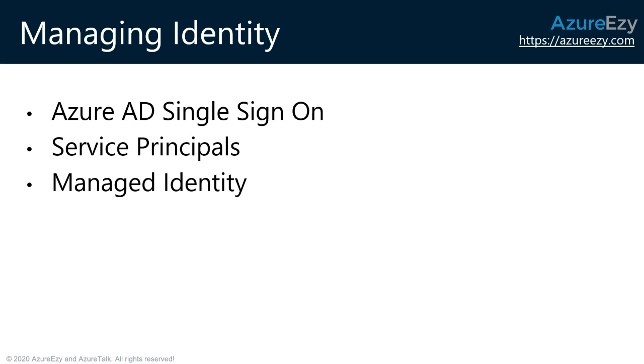So after 2 years, you might end up with like 100 service principals which are just sitting in your Active Directory, but they are not being used because all those resources for which they were created have been deleted. Now, these 100 service principals are a security threat because they are not being used.